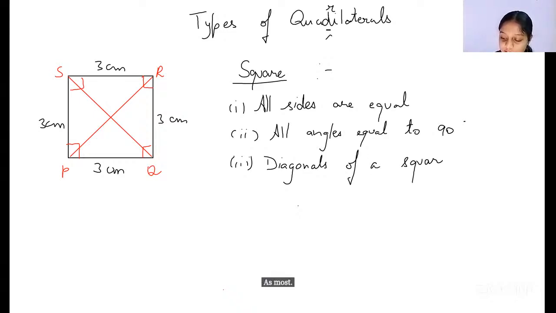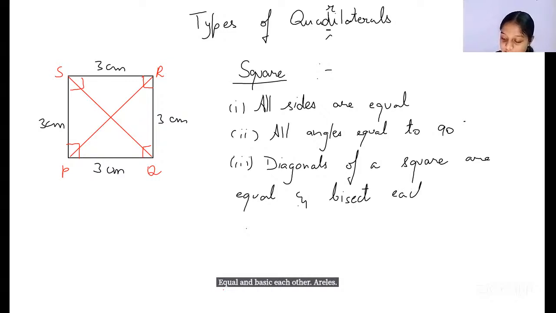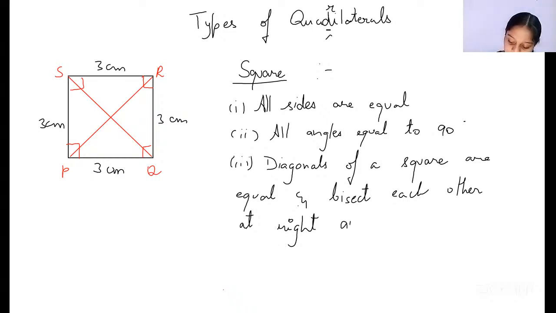Diagonals of a square are equal and bisect each other at right angles. Any doubts in this one?